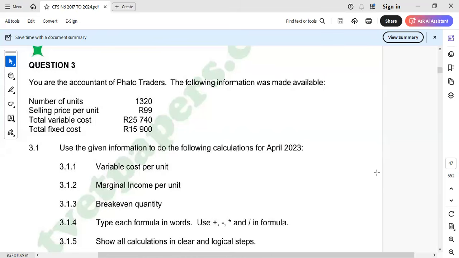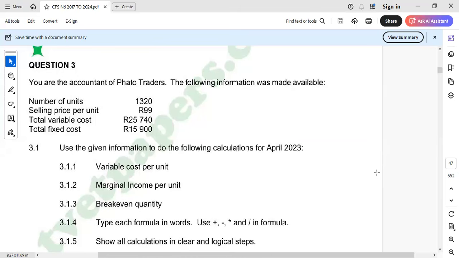So, as you can see in 3.1, use the given information to do the following calculations for April 2023. 3.1.1 variable cost per unit. So, how are we going to calculate the variable cost per unit?